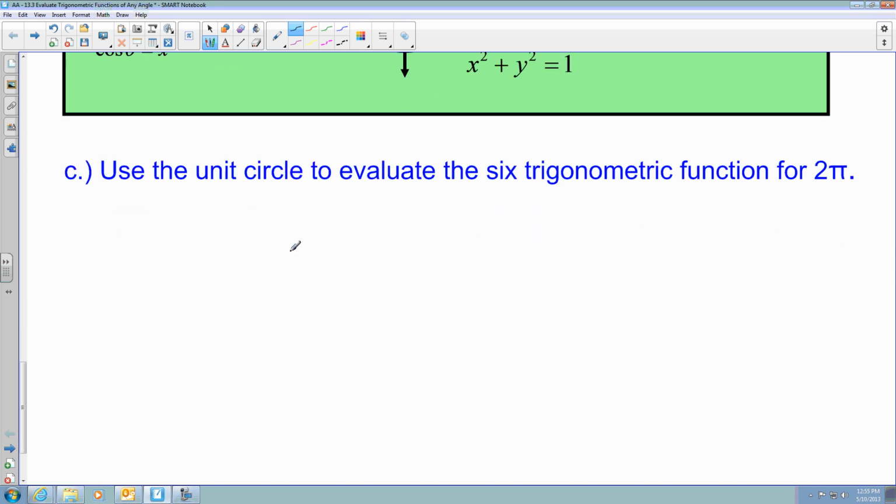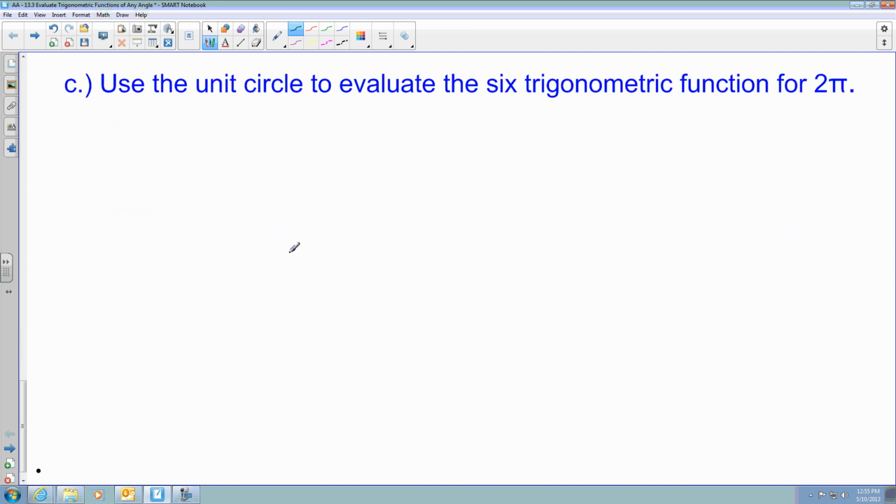So using the same concept as in the first steps, they want us to find and evaluate the 6 trig functions for 2 pi. If we take 2 pi, which is in radians, and convert it to degrees, I'd multiply by 180 over pi. Pi's cancel. This gives me 360 degrees. So in essence, 2 pi equals 360 degrees.